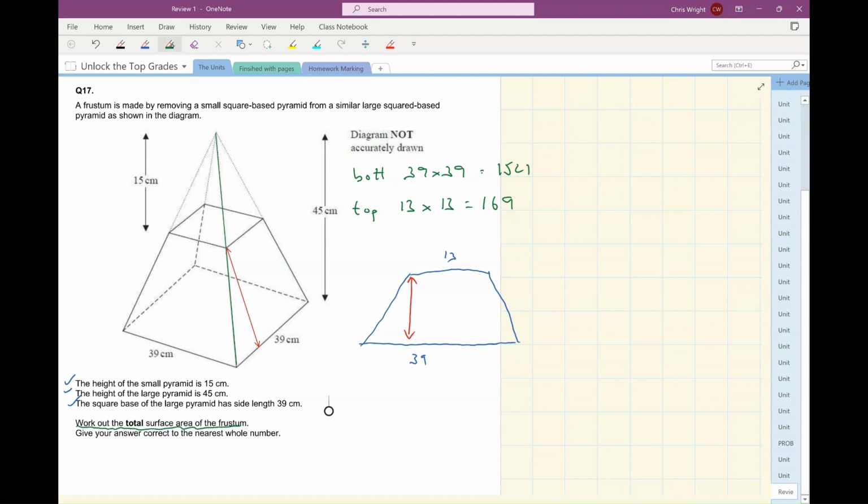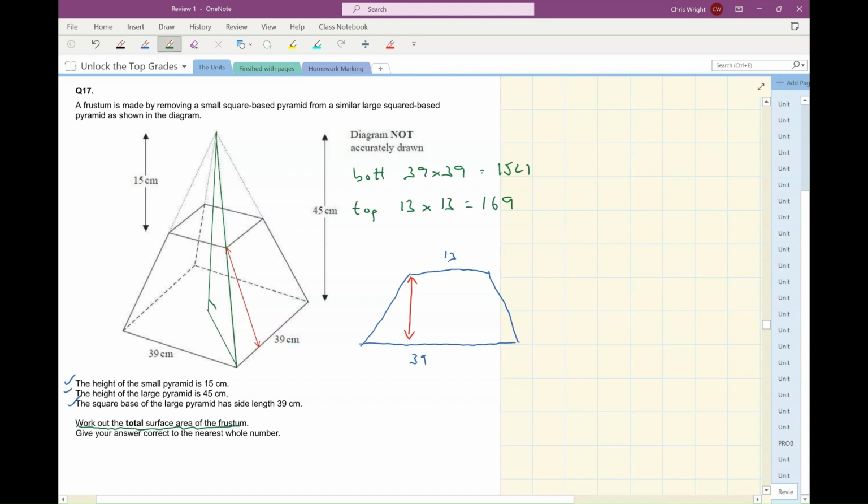Well, the answer is that you can make a right-angled triangle. And the right-angled triangle is made with the green edge and then with a perpendicular which is dropped from the top of the square-based pyramid to the middle of the square. And then the triangle is completed with a line along the base of the square-based pyramid.